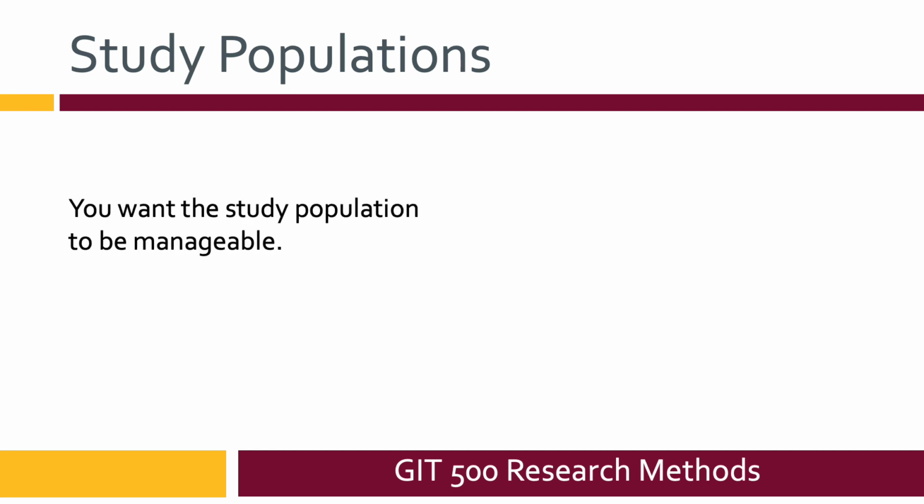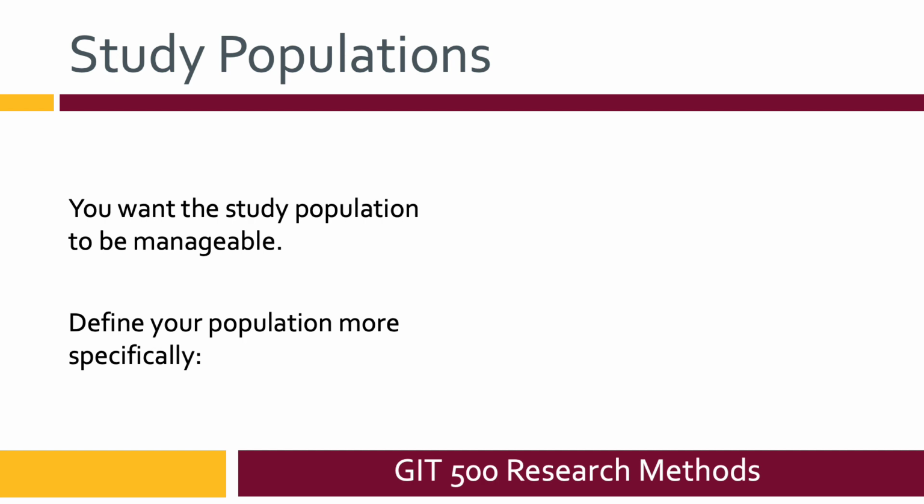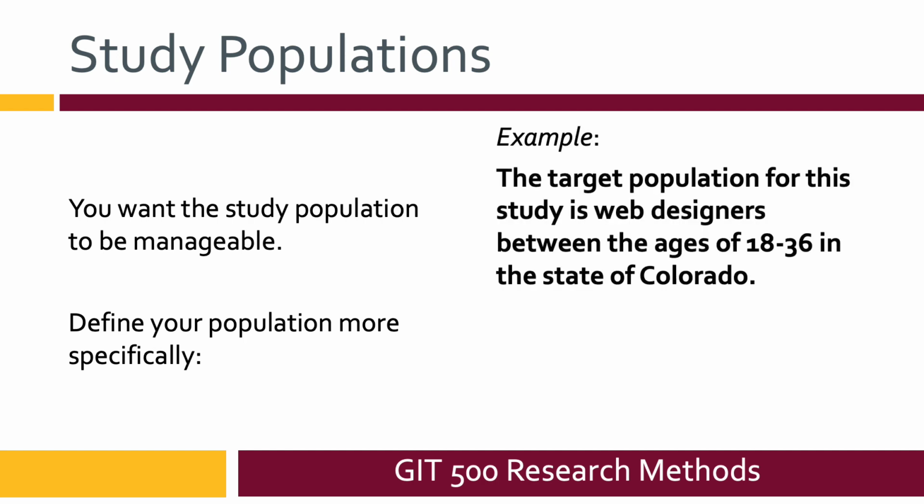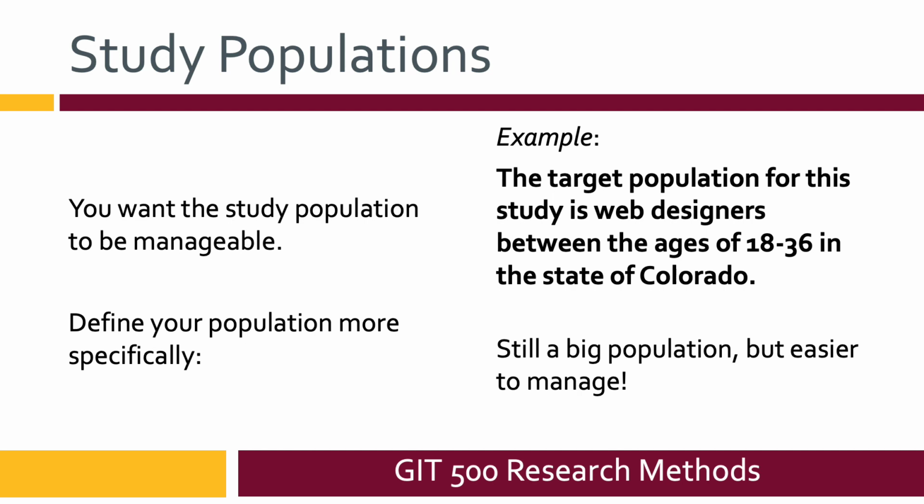You want to make that study population manageable. So to do that, you should define your population more specifically. An example: the target population for this study is web designers between the ages of 18 and 36 in the state of Colorado. It's still a big population, but it's much easier to manage.